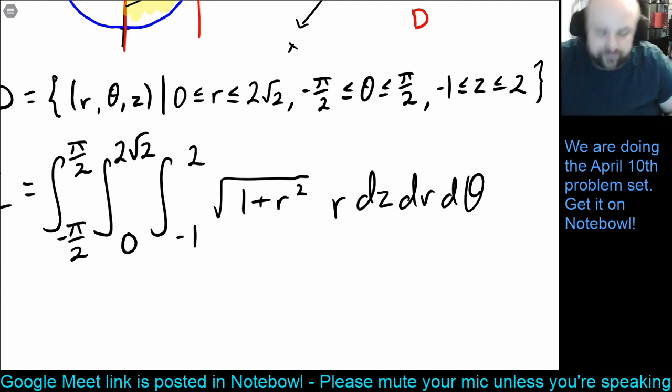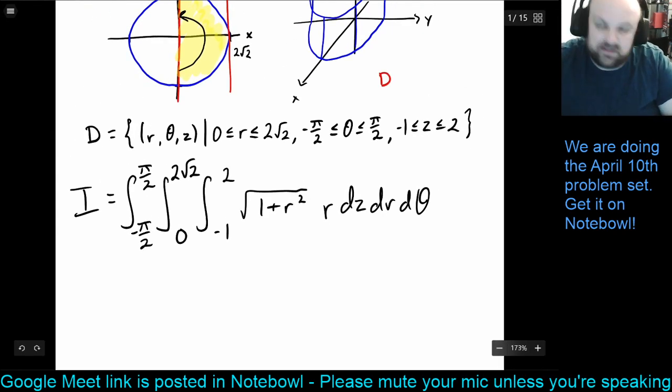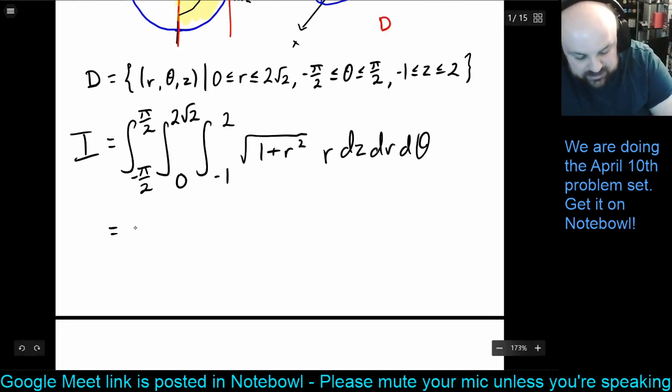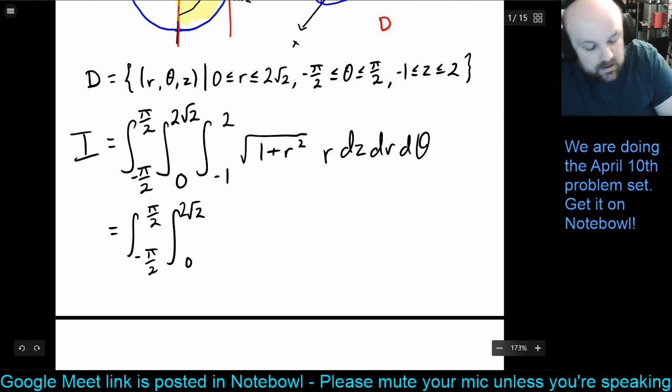So now it's just up to us to compute this. When we integrate this with respect to z, we're just going to get 3 in there.